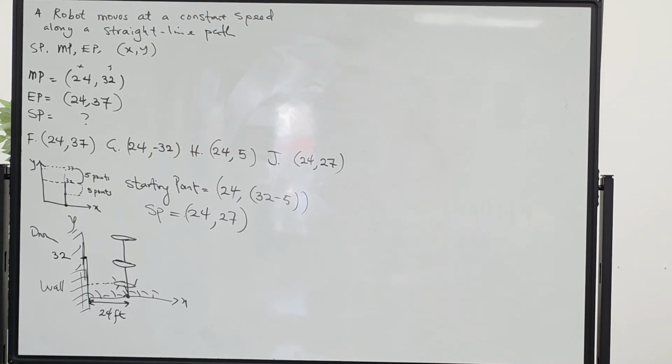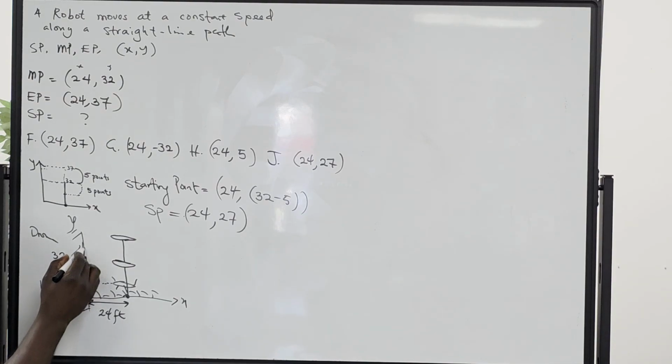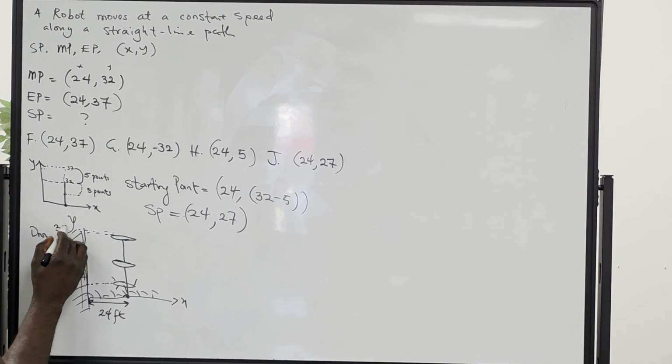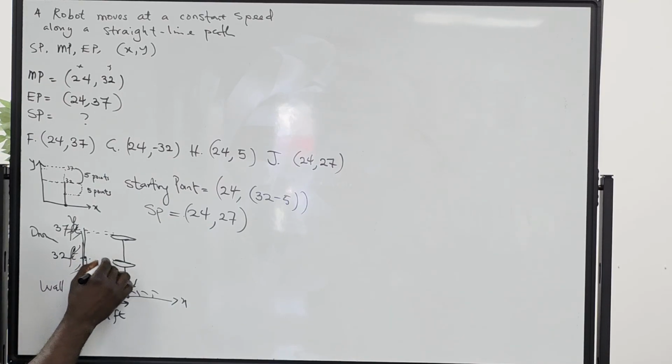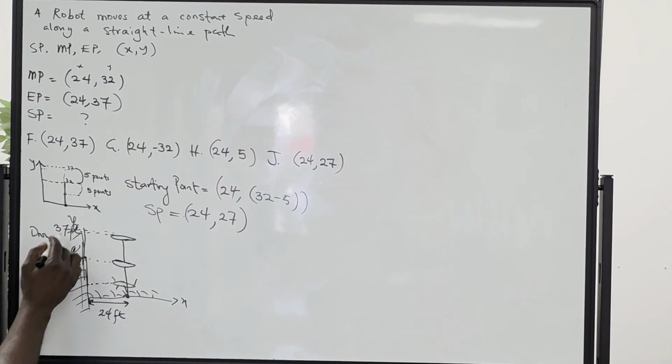You call that the middle point. And then the drone went all the way up again, and you measure this, and this gives you 37 feet, right? You call this place your end point.